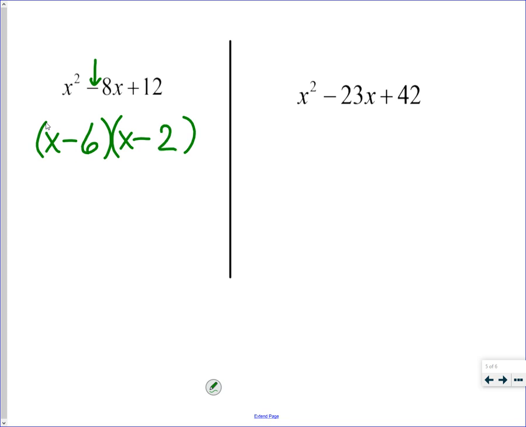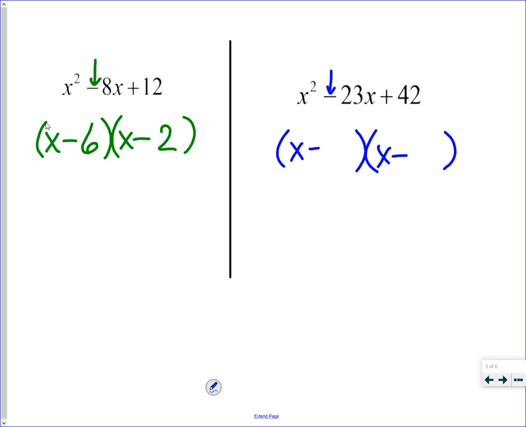And for my last problem, x and x, this says they're both subtractions. Numbers that multiply to be 42. I'm guessing most people jump right to 6 times 7. But 6 and 7 do not add to be 23.